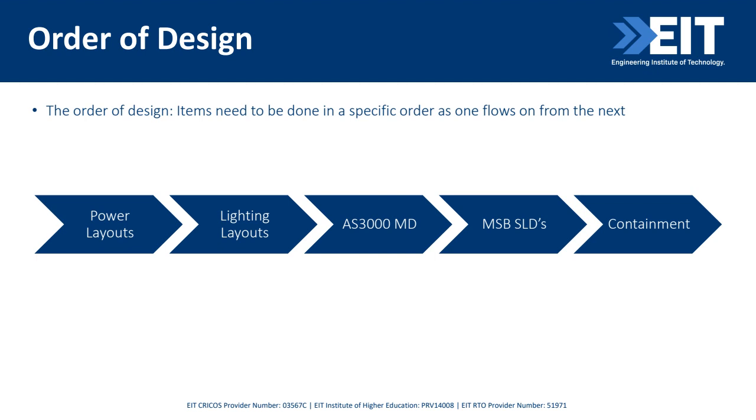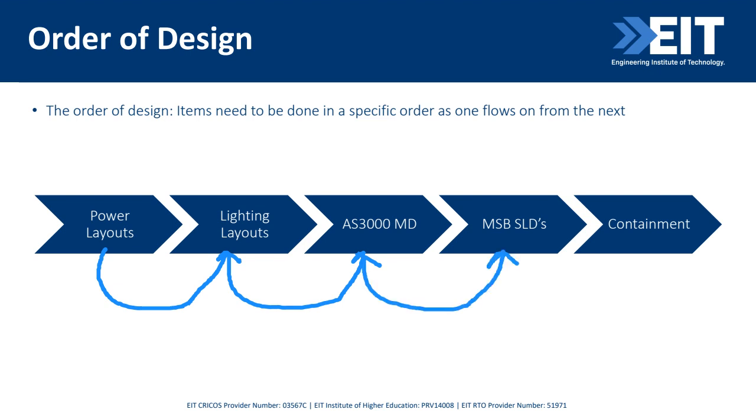All right, so we've done our infrastructure at a high level. Now we flow through our design process. So as an electrical engineer, we go from power to doing our lighting design. This allows us to update our maximum demand based on how much power and lighting we've got.